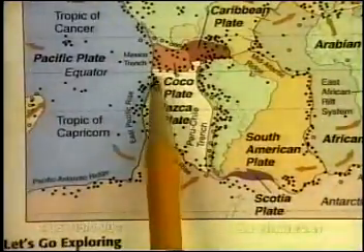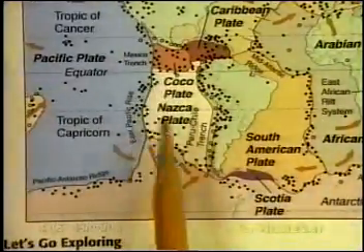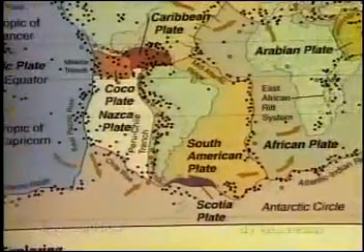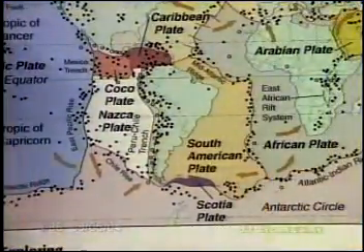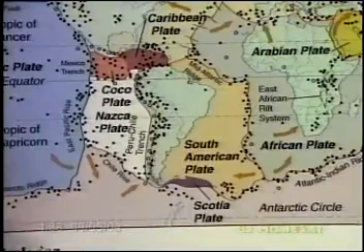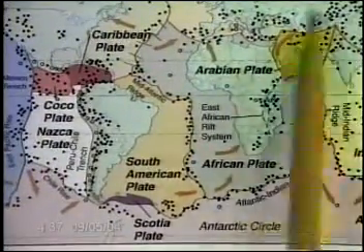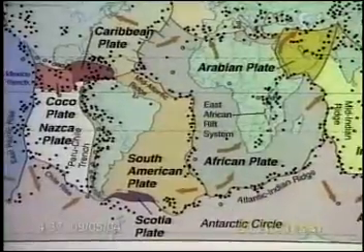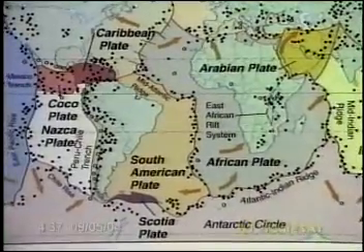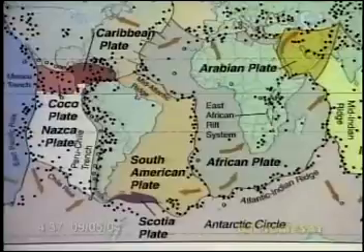Same along here, black dots clustered along the edges, another cluster, and it's very clear that these earthquakes and volcanoes are clustered along the edges. And if you want to look further at that map, there are some questions there at the bottom, just some ideas to think about in relation to the plate tectonics theory.